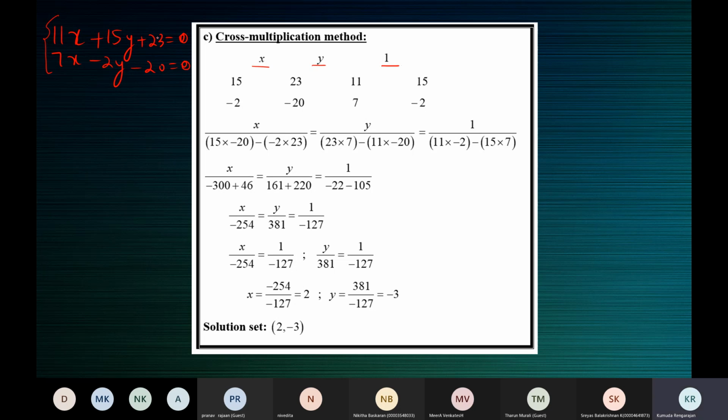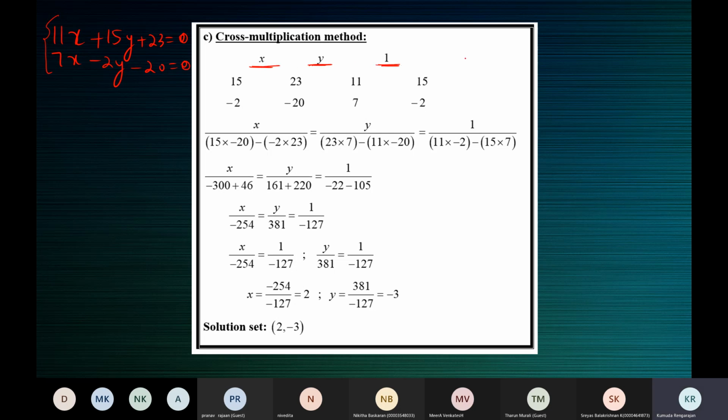If you have the equations in this format, what format? X term, y term, constant all on one side and 0 on the other side, then we give the headings x, y and 1.